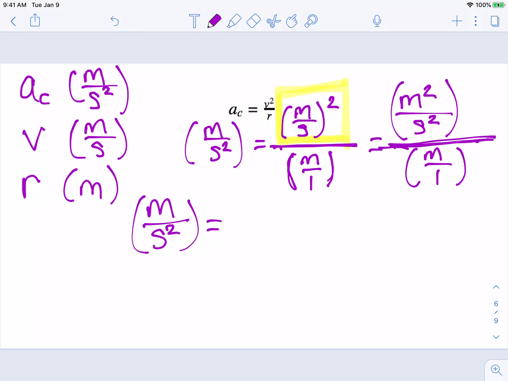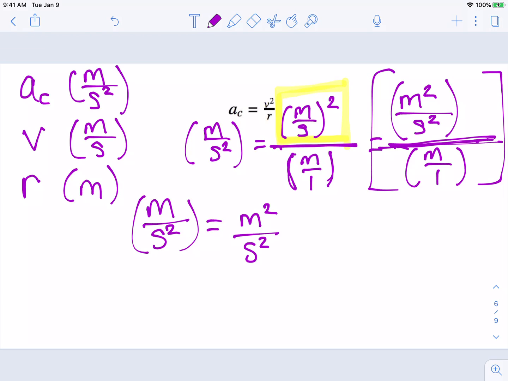The right-hand side of my equation, I'm rewriting this chunk. Instead of having it as division, I'm rewriting it as multiplication. So I have meters squared divided by seconds squared. That's my numerator up here.